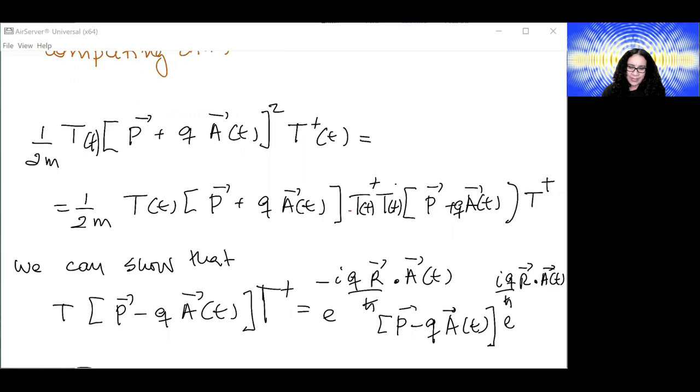I put this here to make it clearer that you are going to take the scalar product. And it's much easier to do it this way than to compute it with the square.